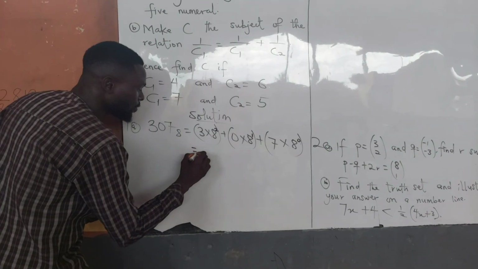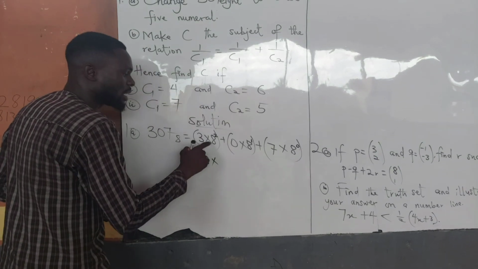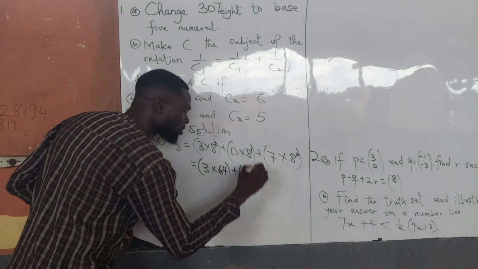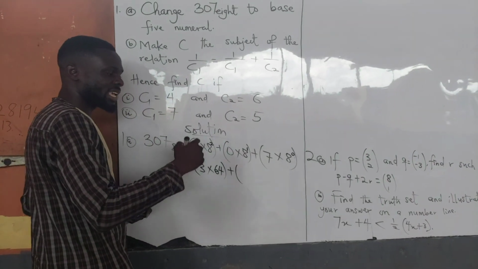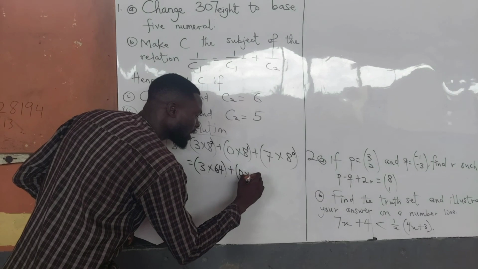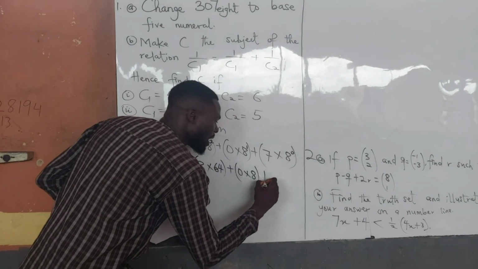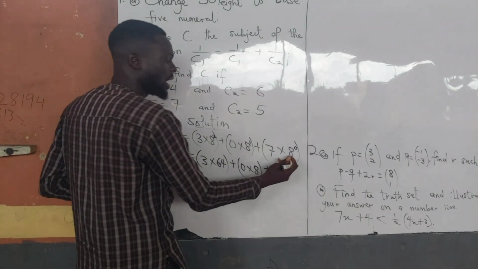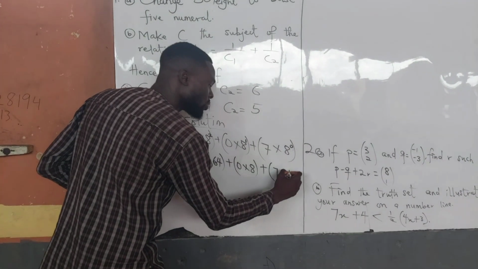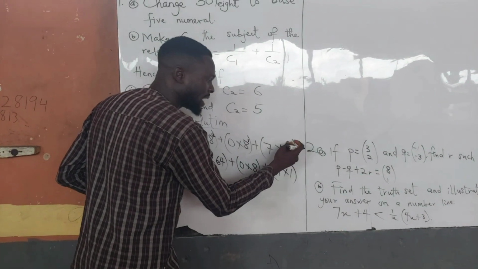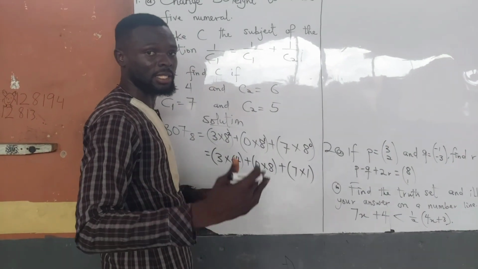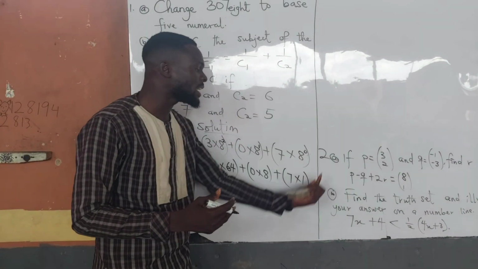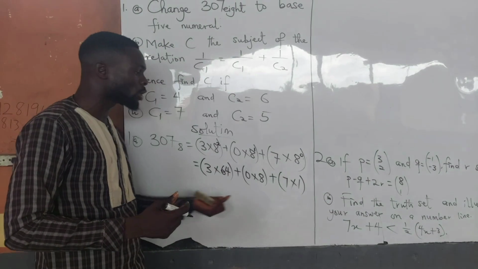This gives you 3 times the square of 8, which is 64, plus 0 times 8 to the power 1, which is 8, then plus 7 times 8 to the power 0. Any number written to the power 0 is 1, which we explained in powers of numbers in our previous videos. Now that you have powered the base, you just multiply.